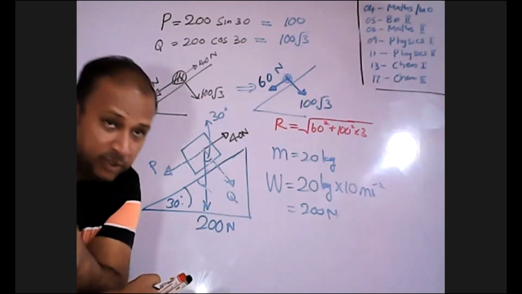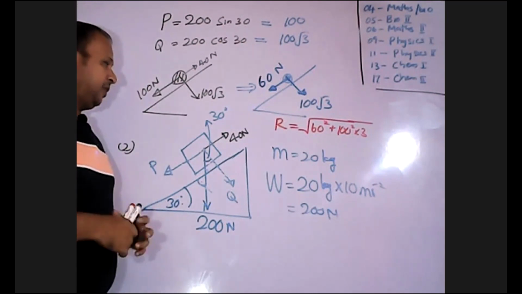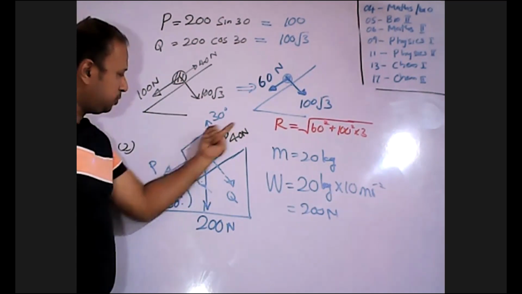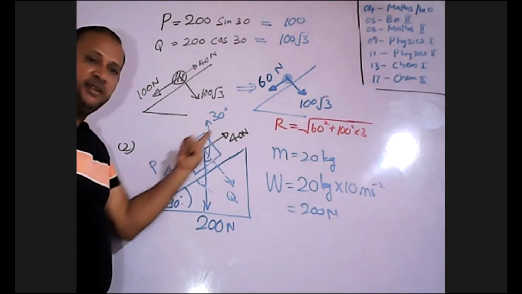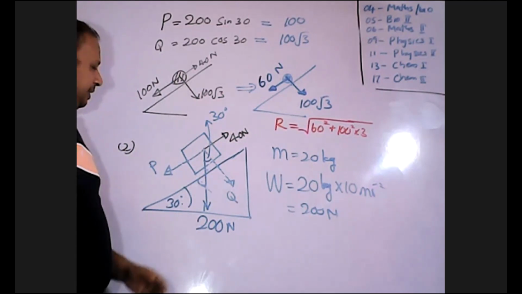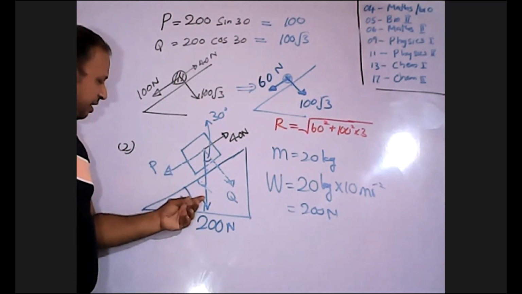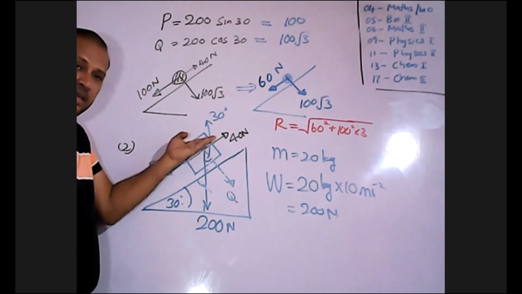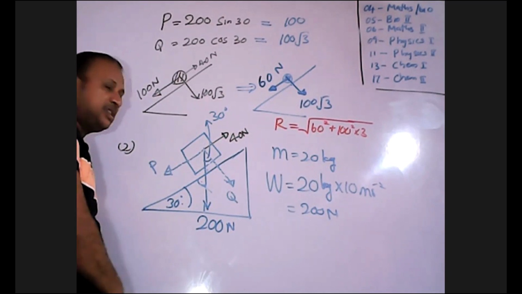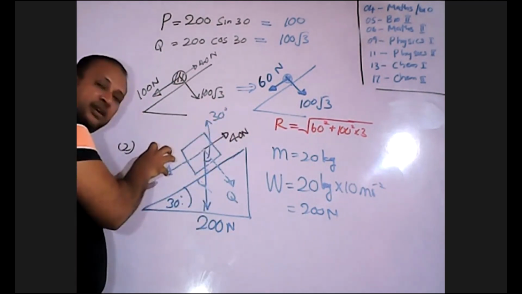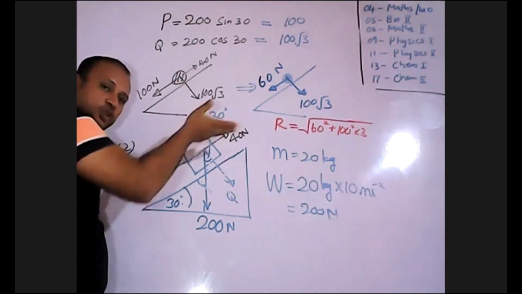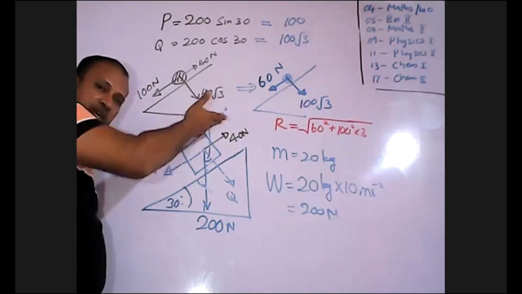You can see there's a force in the upward direction along the plane. If I resolve this one along the plane, then I can take the resultant force of this one and this component, and reduce these two forces into one force along the plane.